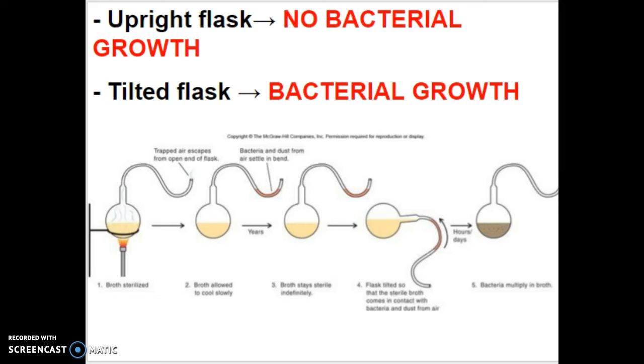Once it was tipped over, or once it was exposed to air, then the bacteria from the air and the dust made it spoil and get cloudy, and the bacteria multiplied, and the broth became spoiled. So again, this shows that life comes from living things, that beef broth does not just spontaneously rot on its own, that these bacteria are all around us, and that life produces living things.